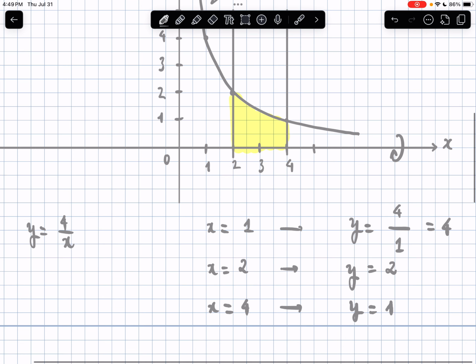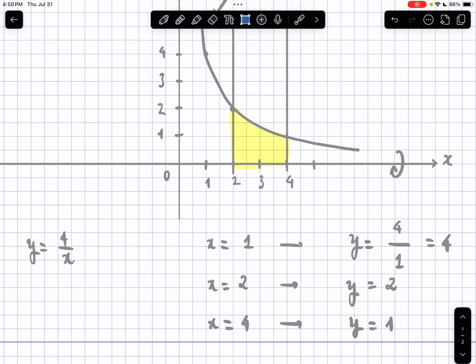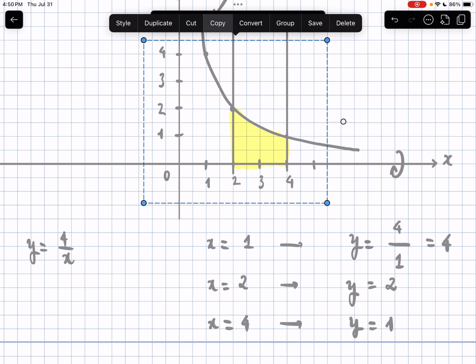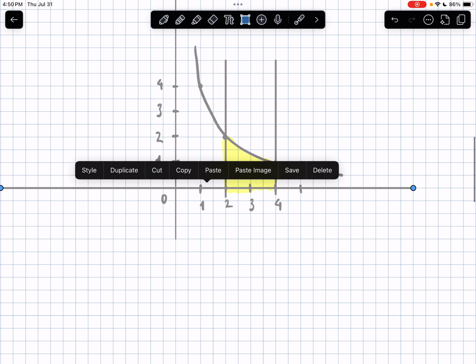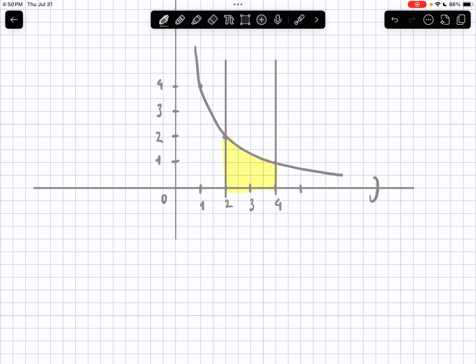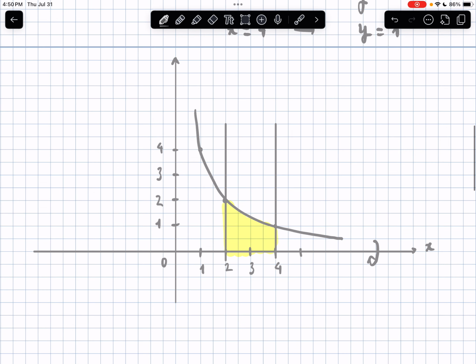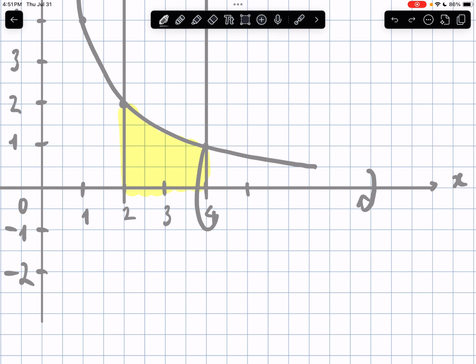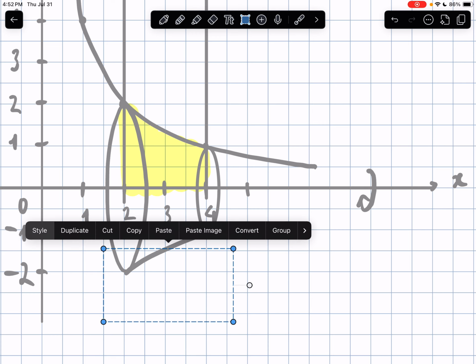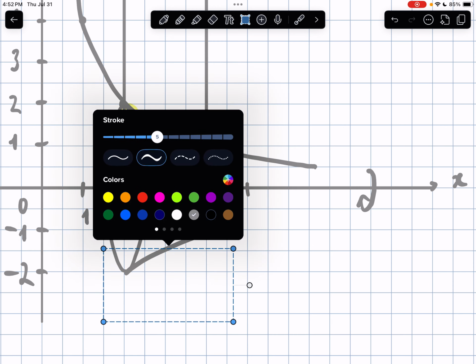So when we rotate about the x-axis, our solid would be like this figure.